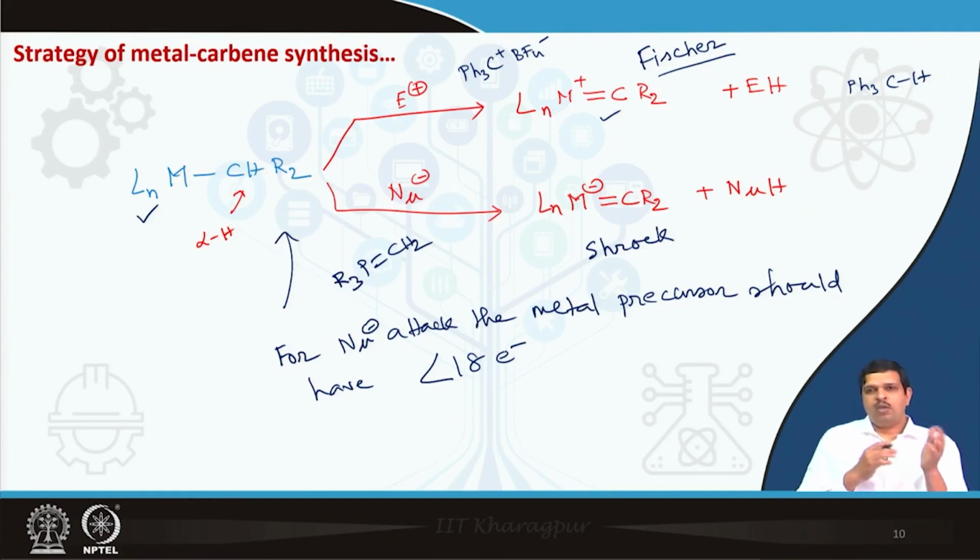Or if it is 18 electrons, then some ligand has to come out to make it coordinatively unsaturated and to make the system less than 18 electrons, so that the nucleophile can attack on the metal center. Okay, so I am sure it is very clear now. So these are the strategies to make the Fischer and the Schrock carbene from metal alkyl complexes, either with an electrophile or a nucleophile.